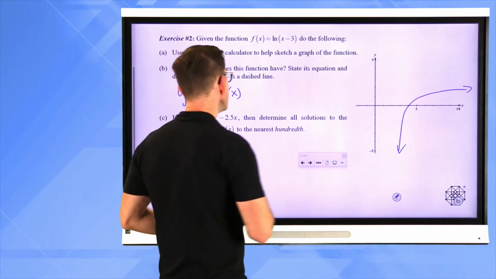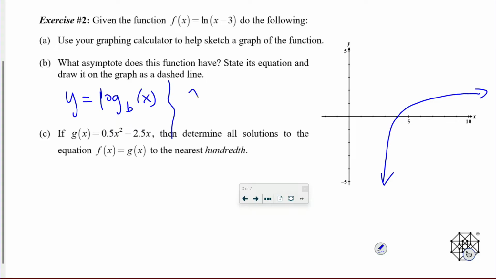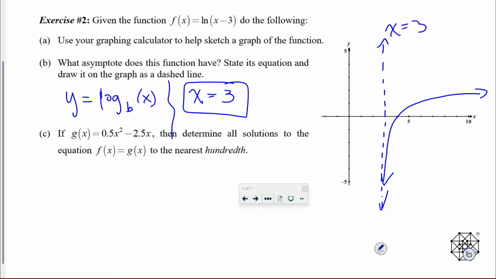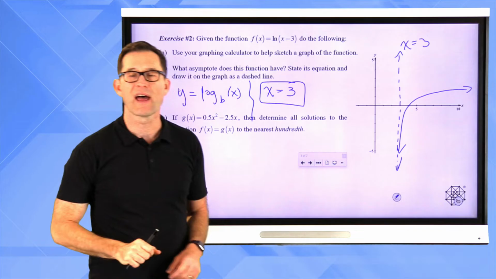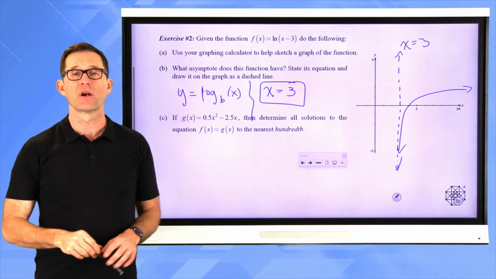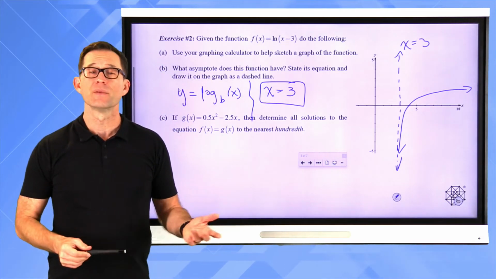So this thing has a vertical asymptote at x equals 3. All right, so if we put in a vertical line at x equals 3, remember asymptotes we draw in as dashed lines, there is our vertical asymptote. Let's take a look at letter C.